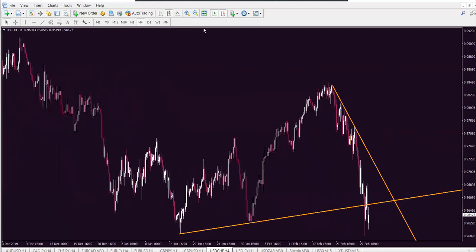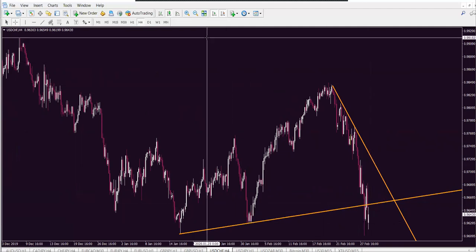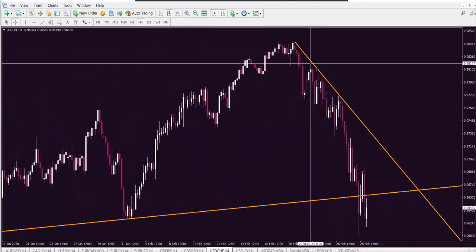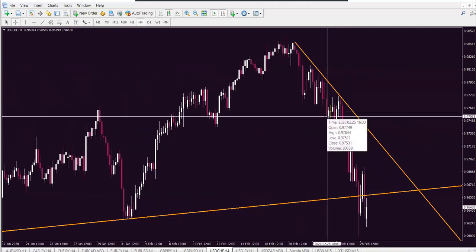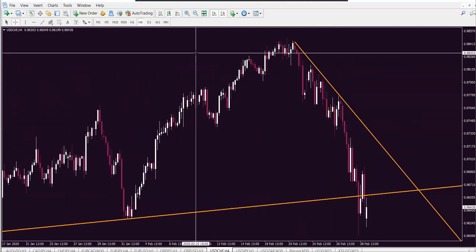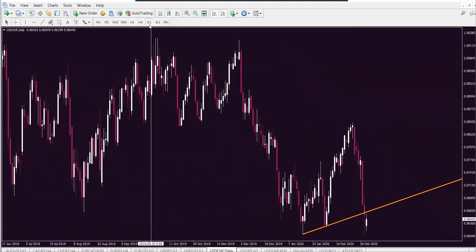Alright, guys. So this is the trend. We have a trend line here. We got a break of this trend line right here. So we're on this leg and it's bearish. So I'm only looking for, well, in this case it's very different.